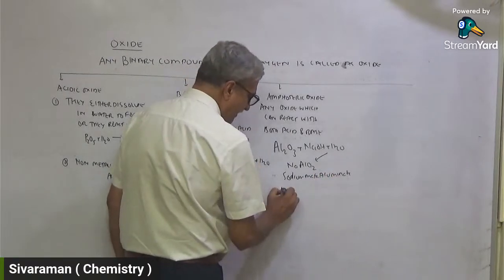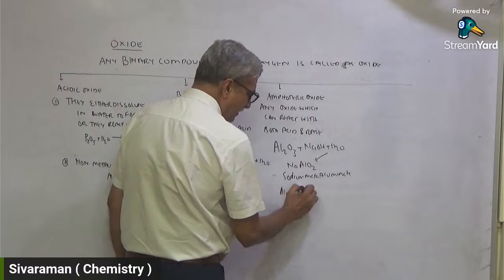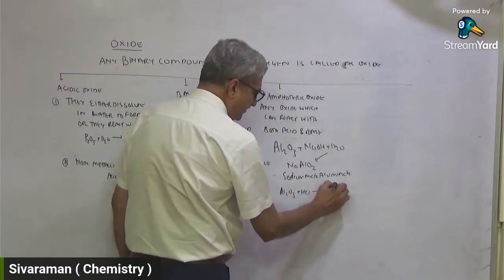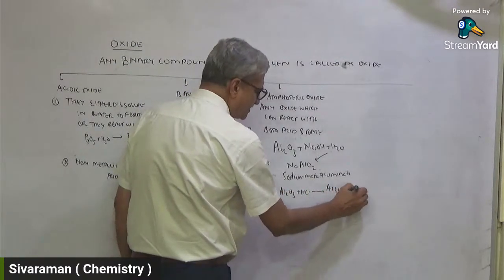Then Al2O3 plus HCl will form AlCl3 plus H2O.